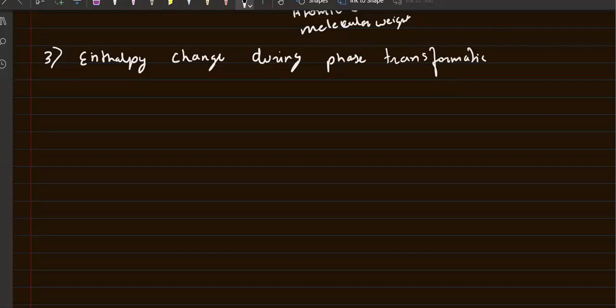Do I need to write the definition, or you can just write it? So you can say that it is the amount of energy change when 1 mole of a substance changes its phase. Yes or no? For example, right?